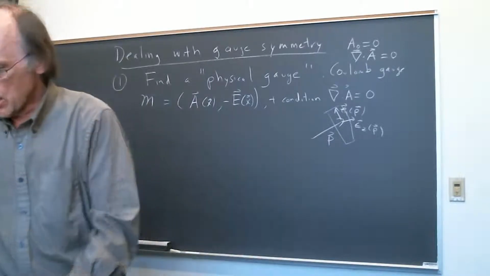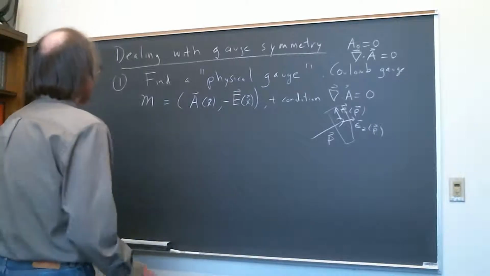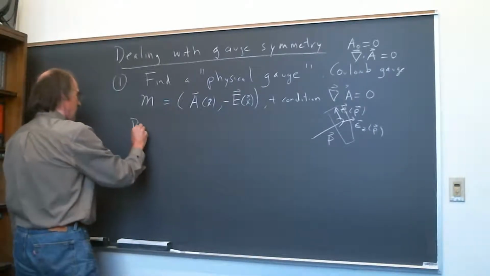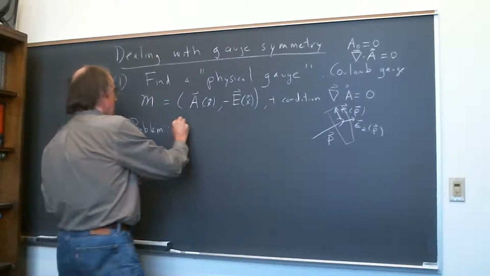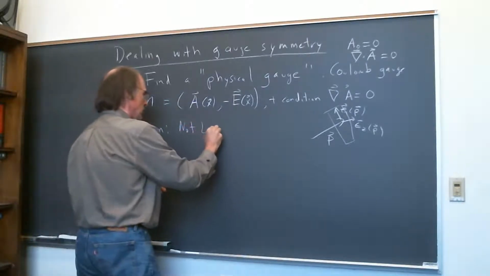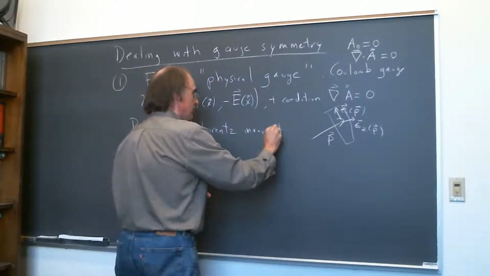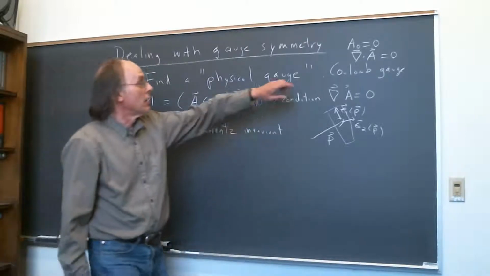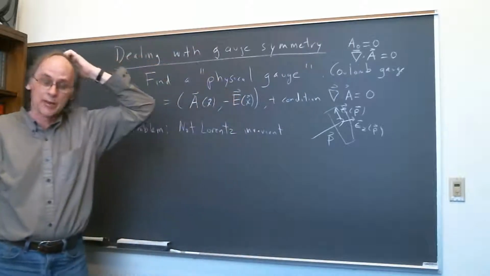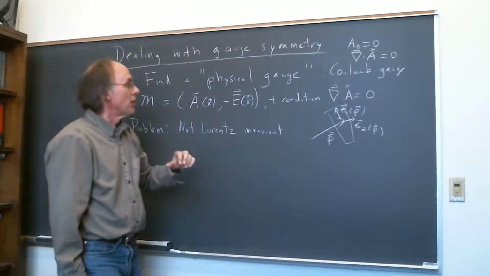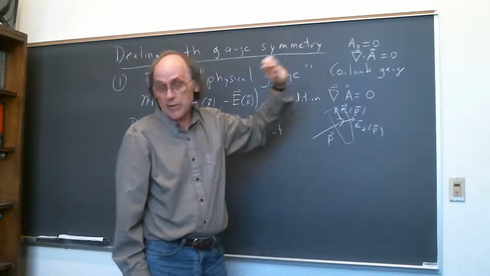Now the trickier thing. The problem with this is that it is not Lorentz invariant. Both of these conditions break Lorentz invariance, and Lorentz transformations take you out of this gauge.